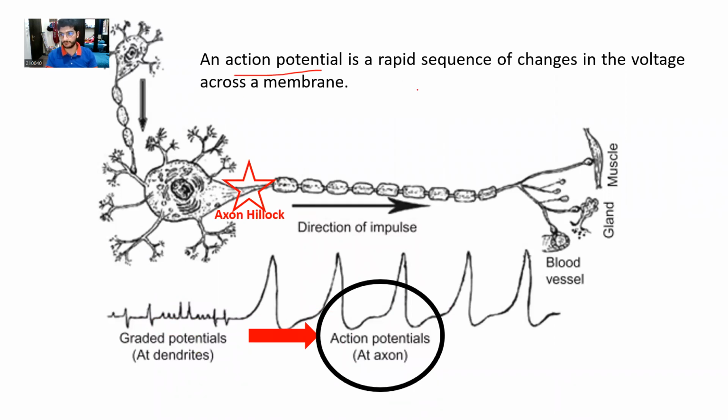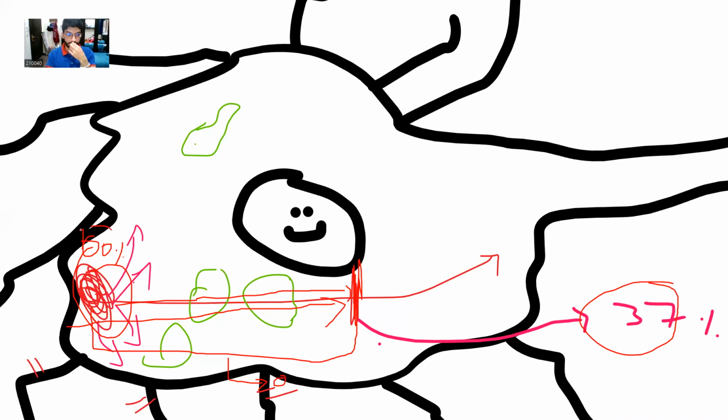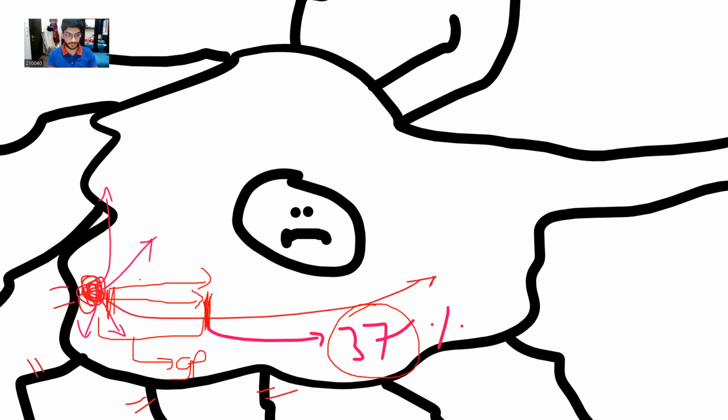Can you clarify the 37% again? All right, I'll do it one last time. So you start at 100%. This is a graded potential. You start at 100% strength, amplitude, whatever you want to call it.